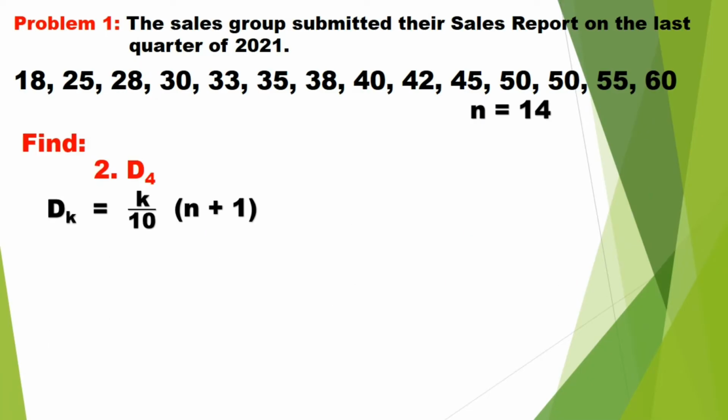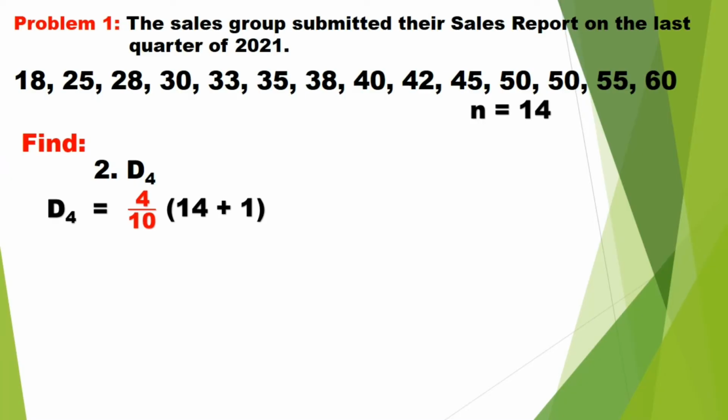Number 2, find D sub 4 or the fourth decile using the same formula. And this, we know that k is equal to 4 and n is the same 14, so we have D sub 4 equals 4 over 10, quantity 14 plus 1. And this, we will use the alternative way. So simplify 4 over 10 by division.